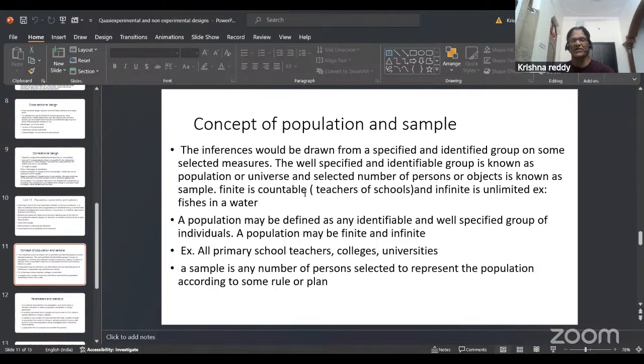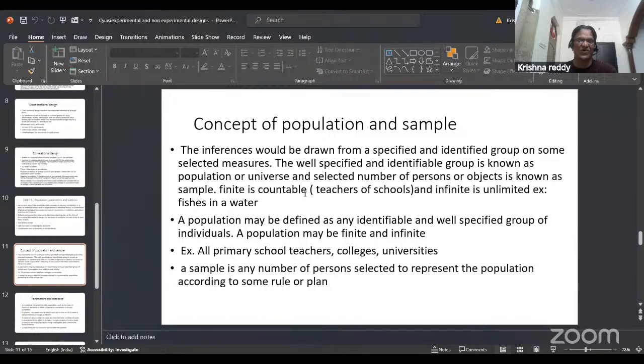A population may be defined as any identifiable and well-specified group of individuals. It may be finite or infinite. Examples: all primary school teachers, colleges, or universities. Then the very example of this Dr. B.R. Ambedkar Open University Psychology Department: how many students are admitted in psychology subject for the year 2023 to 2025?